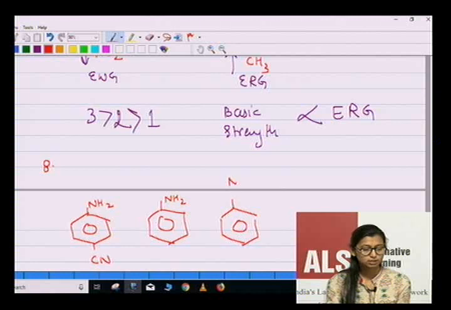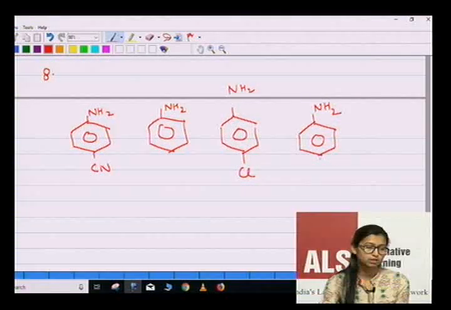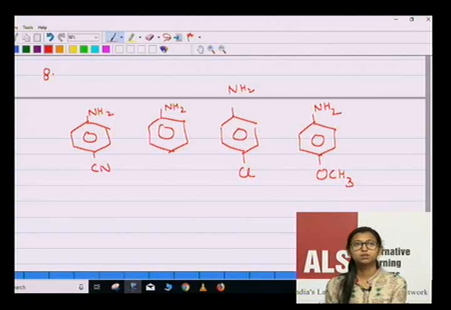Here I am writing NH2 above. You can write chlorine. There is also an NH2. And let's say here I am writing OCH3. Find out the order.